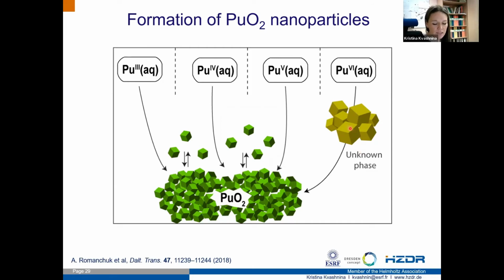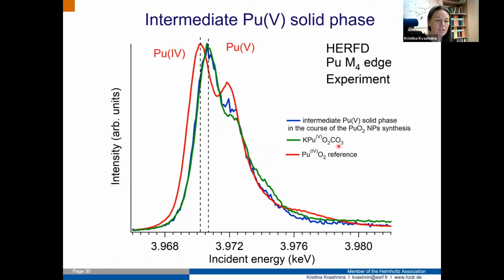We measured it again using M4H spectroscopy, and just by looking at the position of the absorption feature, we saw that what we have is the plutonium 5 phase. So this is the intermediate phase which formed during the formation of nanoparticles. And it's definitely not 4 and not 6, so it is really a pentavalent plutonium phase.